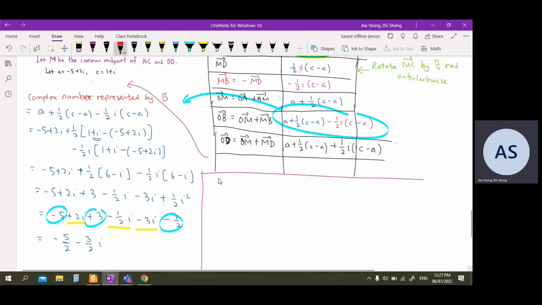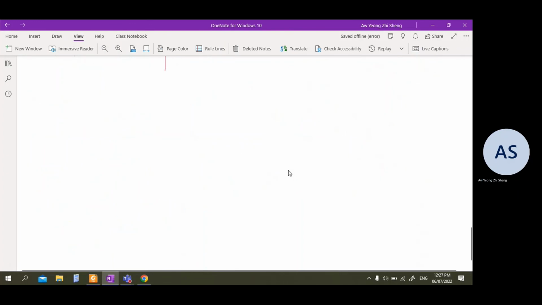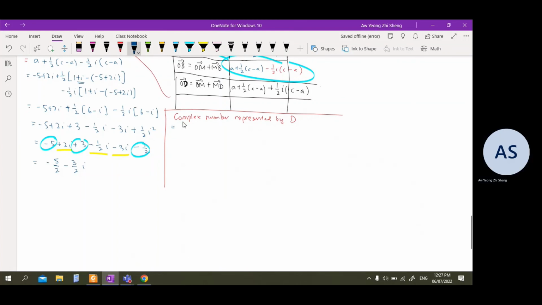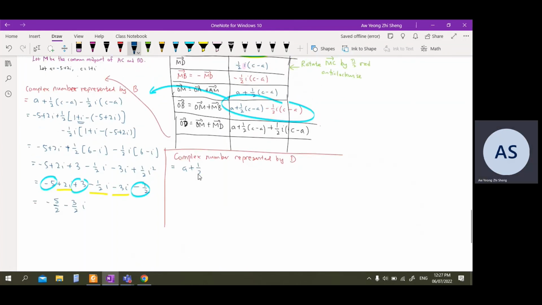Okay. Yeah, next, complex number represented by D is A plus half times C minus A plus half I C minus A. And I'm just bringing down this number, which is represented by the vector OD.